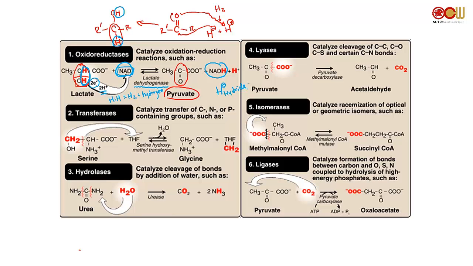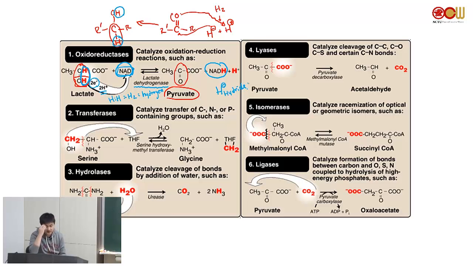NAD is the oxidized form. So anytime you see NAD in a reaction, that's most likely an oxidoreductase. Unless it's NAD becoming NADP, that's not an oxidoreductase. But anytime you see NAD become NADH or NADH become NAD, that is an oxidoreductase.